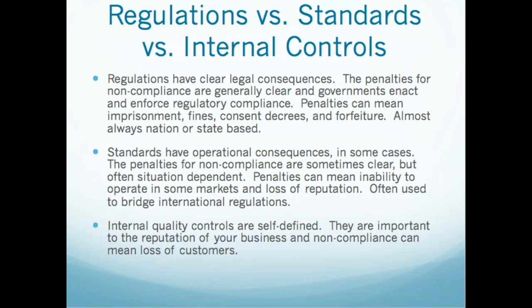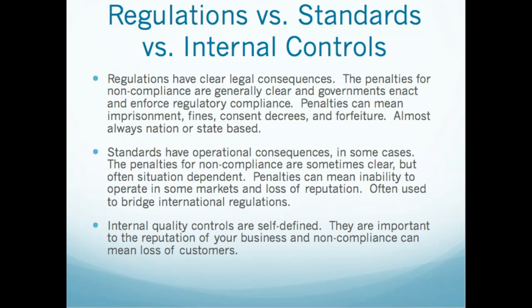So we have regulations, clear legal consequences, penalties for noncompliance are very clear. You know, if you violate this, you can serve up to 5 years in jail and pay a fine of up to $10,000, whatever it might be, right? Forfeit, whatever. Almost always issued, in fact, always issued by a government, almost always national and state-based. Standards can be a voluntary thing that you sign up to do, but then you must do it, right?